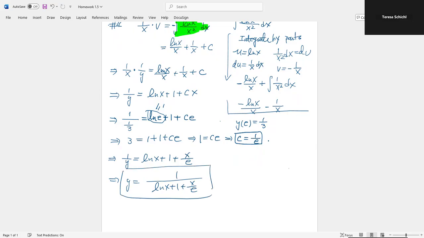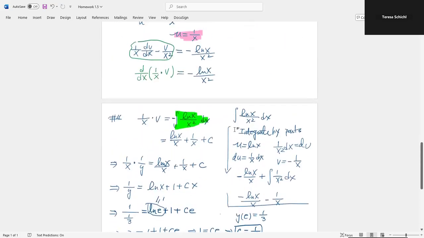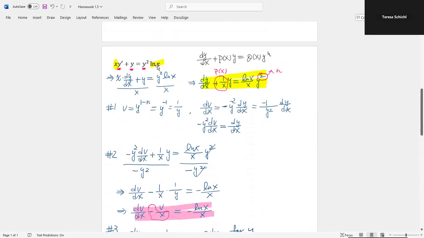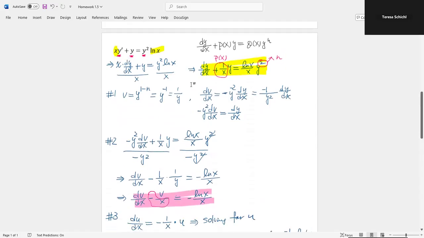This one is not too bad. It's pretty easy as soon as you recognize this equation matches the Bernoulli equation, then you will be able to follow the steps.